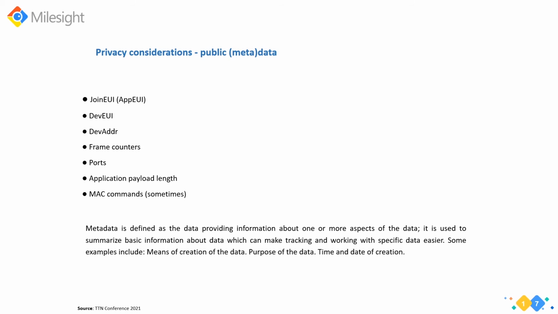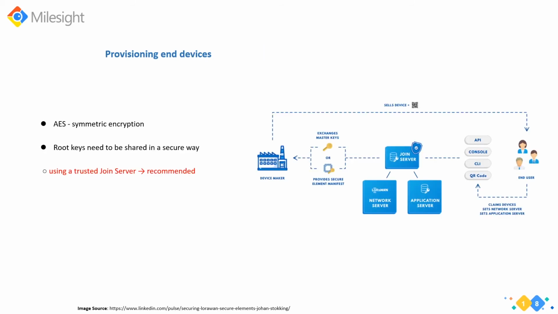So that's very important to keep in mind. So when we set up our end devices, we need to program them with the join EUI and app EUI. And if you want to share these root keys, the application session key, network session key, please share those security keys in a very secure way, okay?